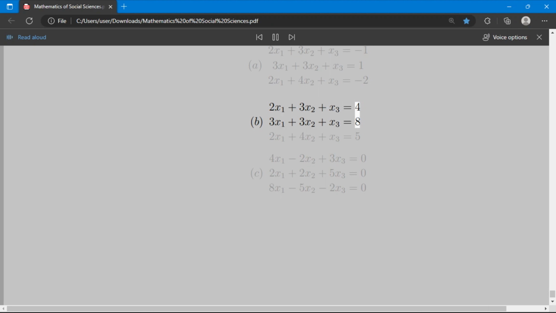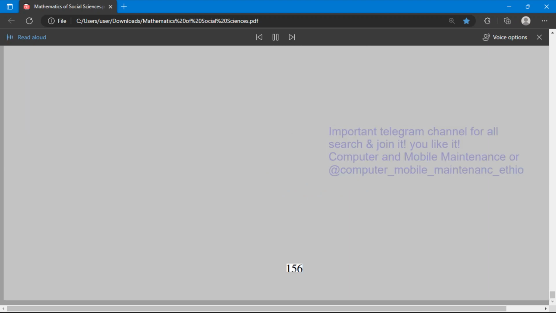B. 2x1 + 3x2 + x3 = 4, 3x1 + 3x2 + x3 = 8, 2x1 + 4x2 + x3 = 5. C. 4x1 - 2x2 + 3x3 = 0, 2x1 + 2x2 + 5x3 = 0, 8x1 - 5x2 - 2x3 = 0.